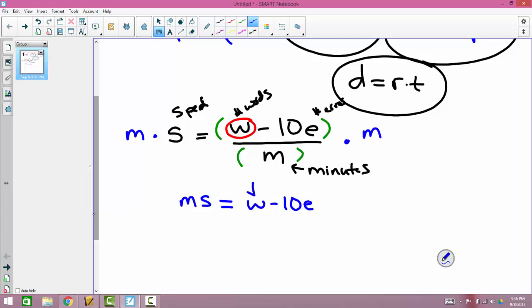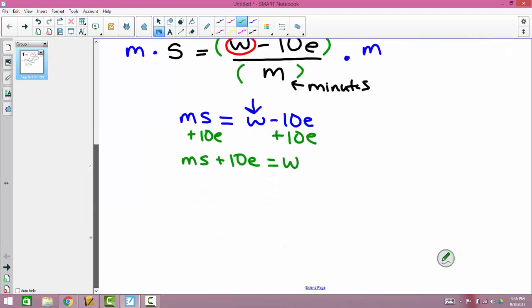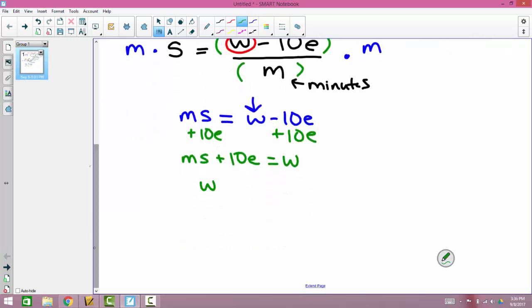Again, our goal is to solve for W. So we could add the 10E because that's one term. So MS plus 10E equals W. You could also write that with the W on the left.